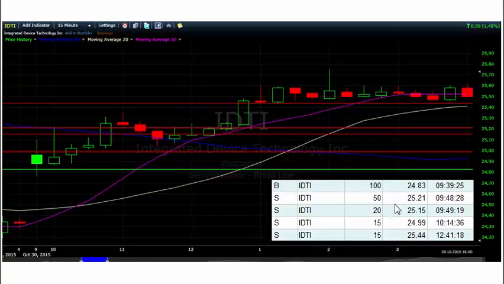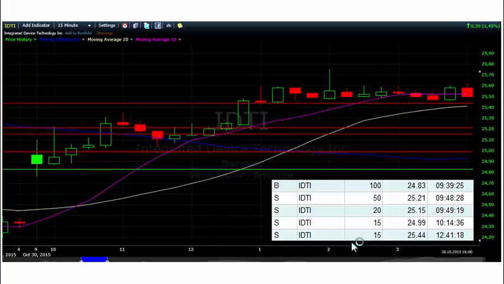So you see, as my entry was 24.83, I still made some profits with this third partial profit. And I decided to just hold those 15 shares I had left, and see what direction it goes, and I had some signals that it continues to go up.